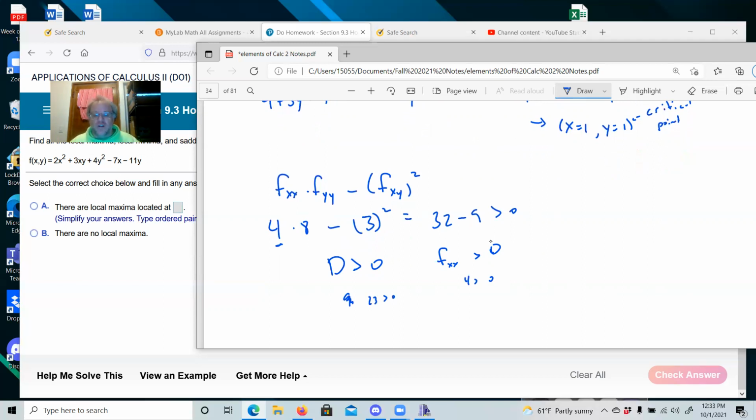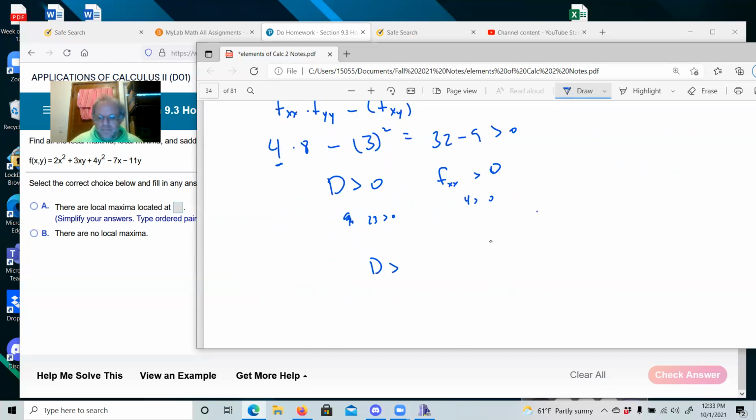So we can go to our chart, right, and say, well, if my determinant is greater than 0, all right, then we're on the first little chart thing here. This was D greater than 0. Then we look at fxx. If fxx was greater than 0, then we have a min. Otherwise, we have a max.